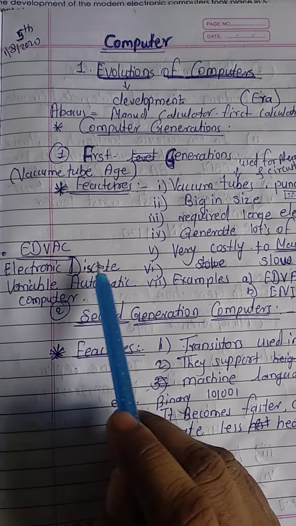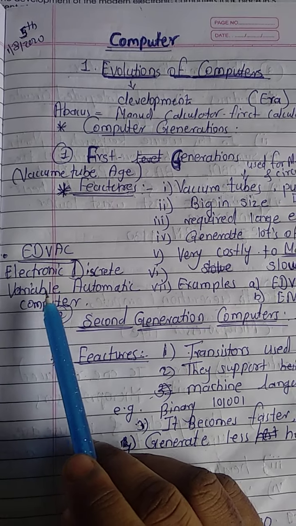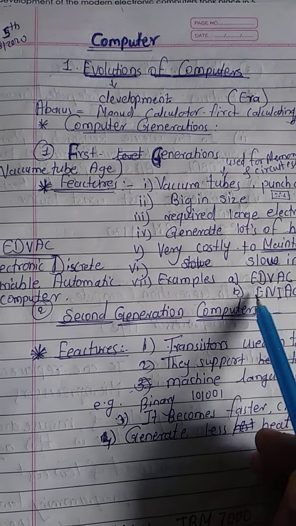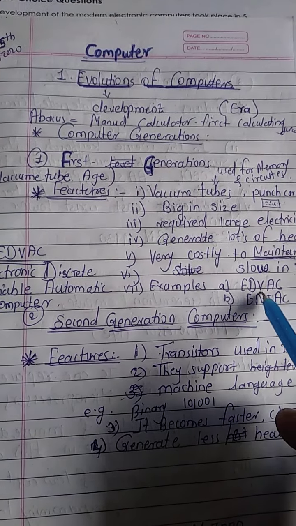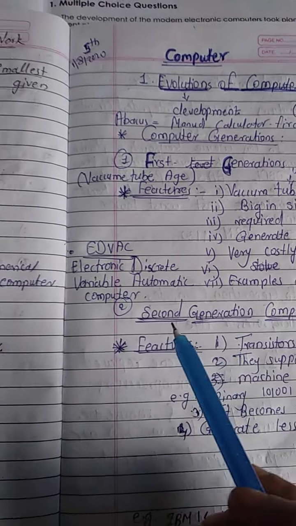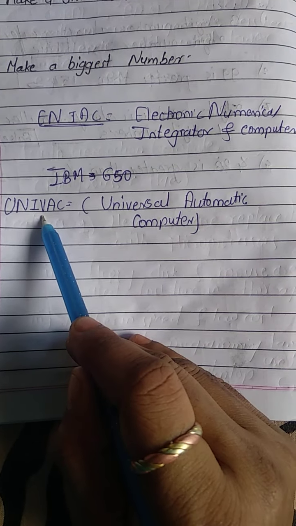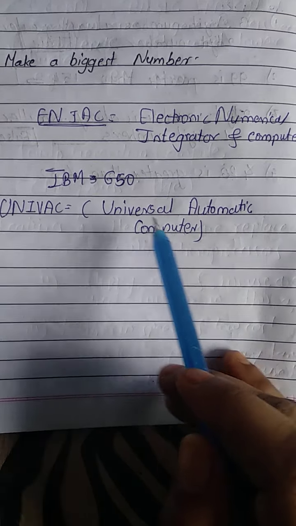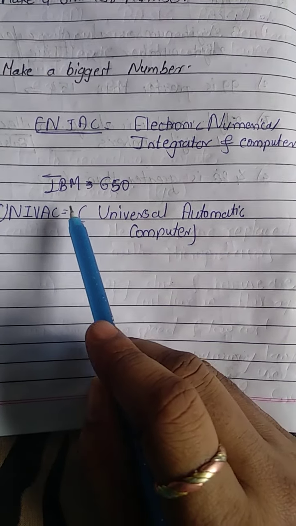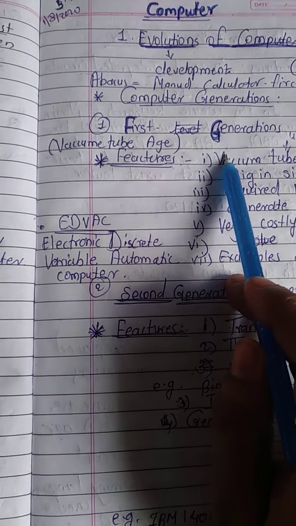It is Electronic Discrete Variable Automatic Computer. You have to remember this full form, or at least the short form. Another example is UNIVAC, that is Universal Automatic Computer, and IBM 650 are examples of the first generation computer.